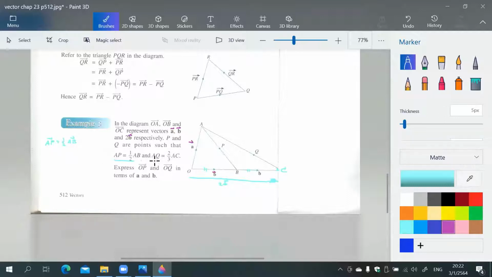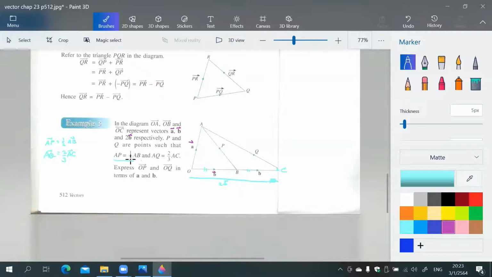And AQ, we can apply as a vector AQ equals 2 over 3 of the vector AC.